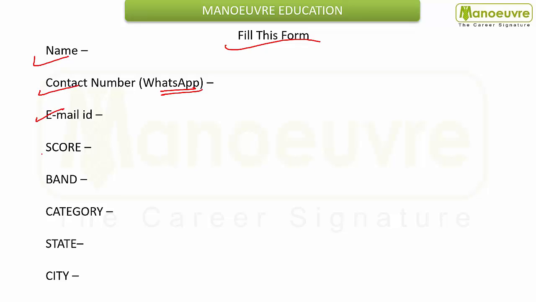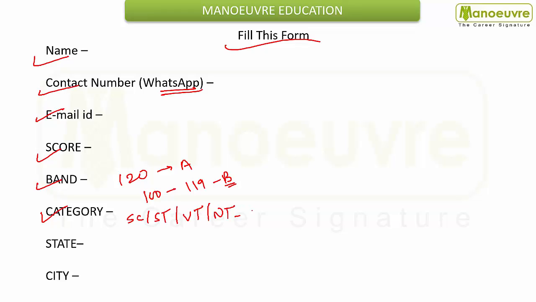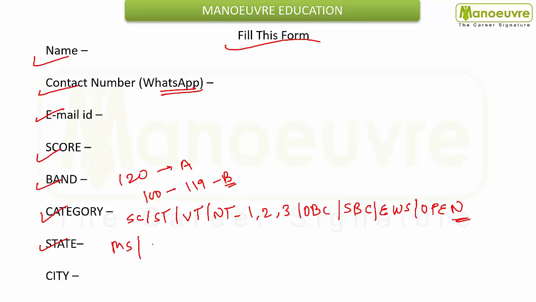Your email ID, what exactly score you got in this exam, the bandwidth of score, that means if you got 120 and above, then mark A for it, 100 to 119, then mark it B. Your respective category such as SC, ST, VJNT, denotified tribes with respect to NT 1, NT 2 or 3, OBC, even SBC, that is specially backward classes, EWS and open. So fill the category section, state, whether you are a Maharashtra state candidate or other than Maharashtra state, and your city.